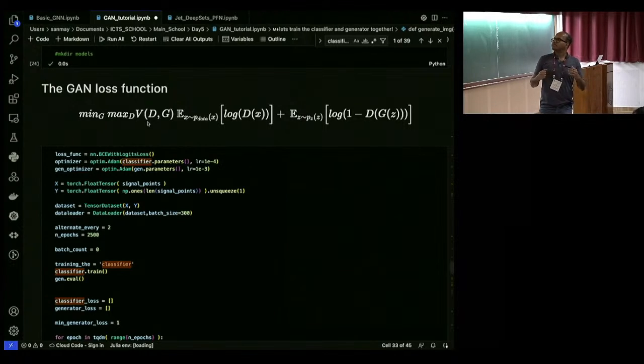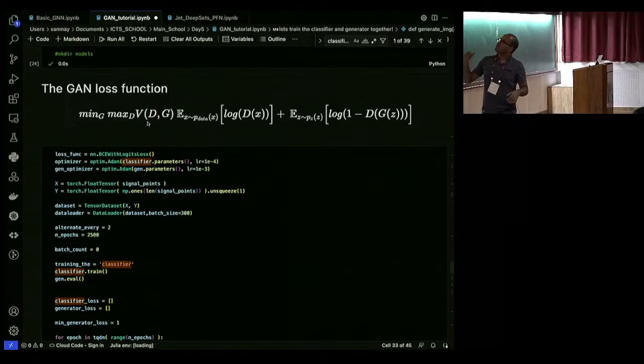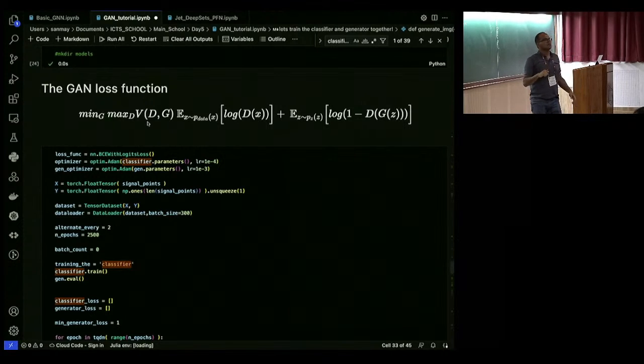But now we give a simultaneous training where we have a loss function from both the discriminator and the generator, so there is a tug of war happening between these two. And this is the canonical min-max loss function we want to optimize for.